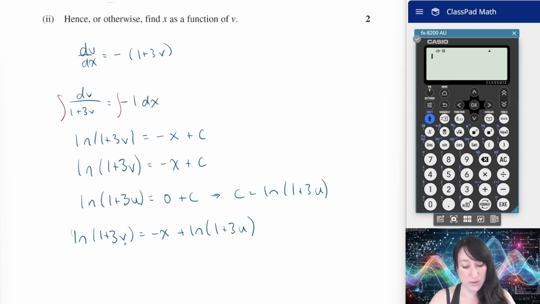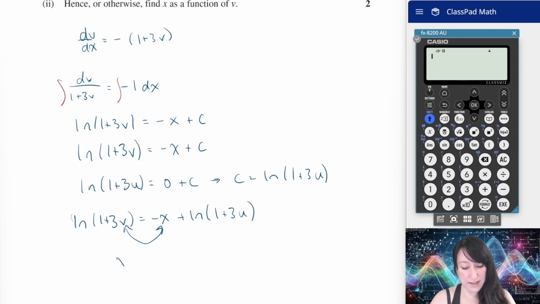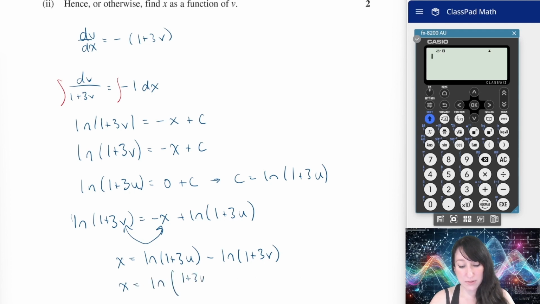Now to solve for x, we'll swap these terms to get x is equal to ln of 1 plus 3u minus ln of 1 plus 3v, which we would typically express as ln of (1 plus 3u) over (1 plus 3v).